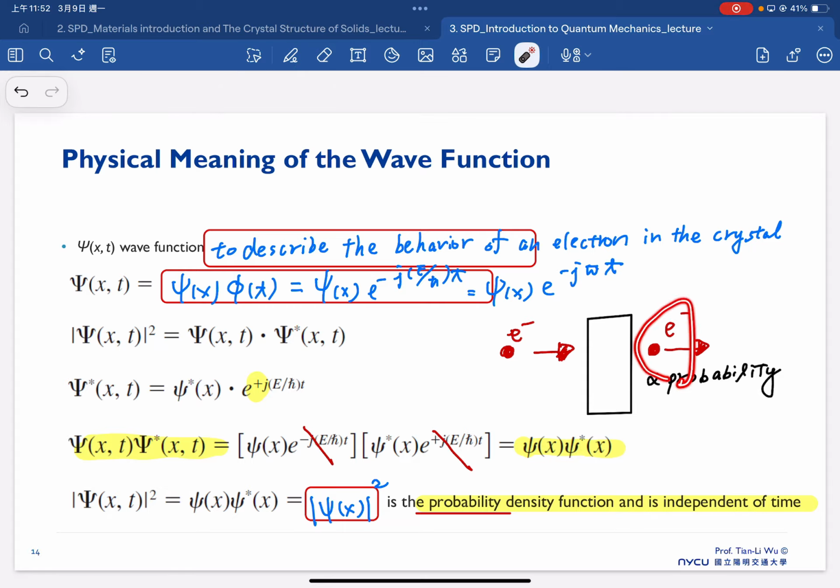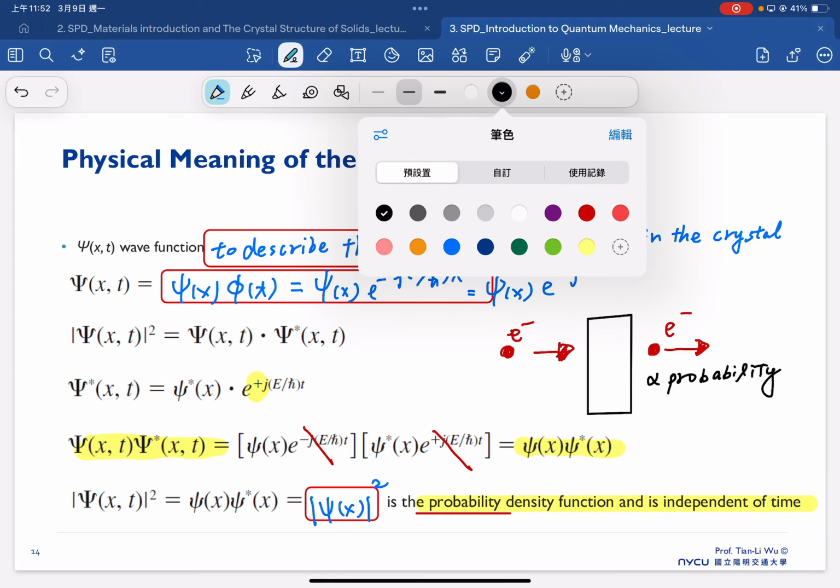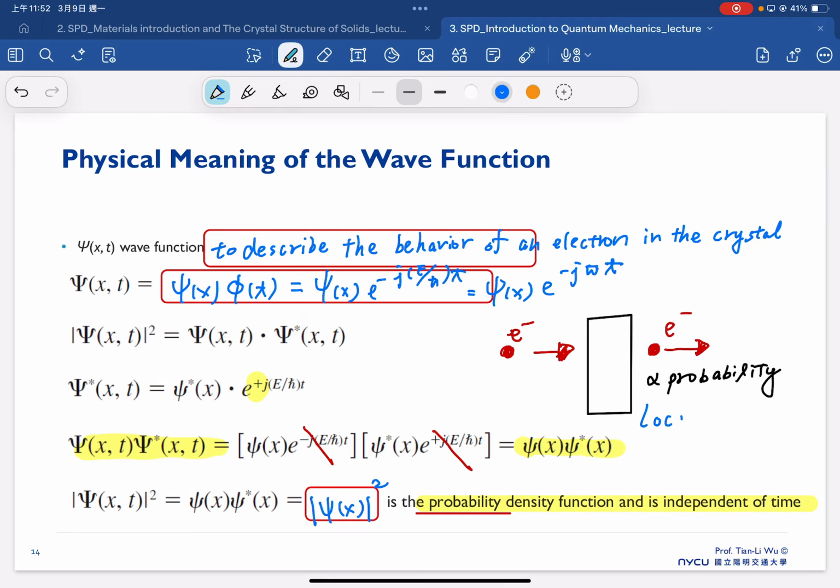We can only have the probability to describe this behavior. And also, it's only location dependent.